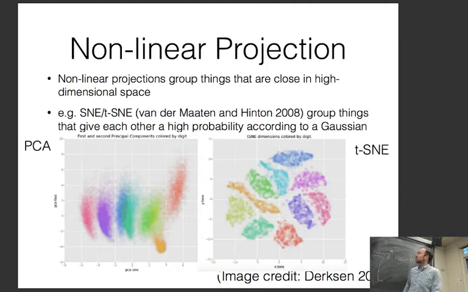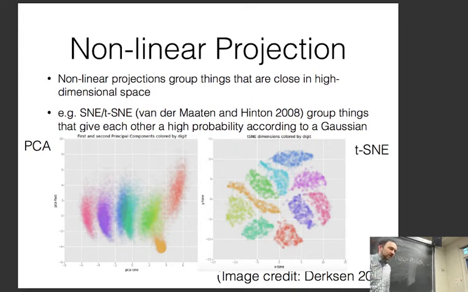And the reason why people use this is, if you look at something like PCA, this is just a mapping of digits, of the MNIST digits, if you're aware of MNIST, into a low dimensional space. And if you do it with something like PCA, you get things that are kind of separated, but they're not really well separated in the space.